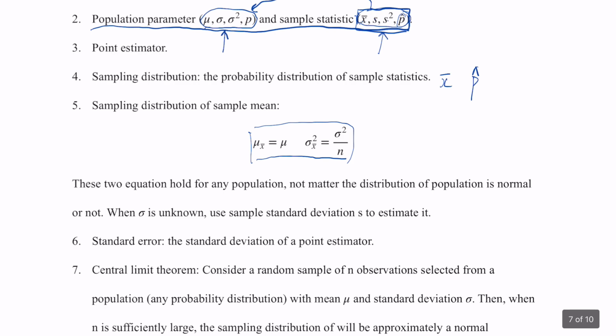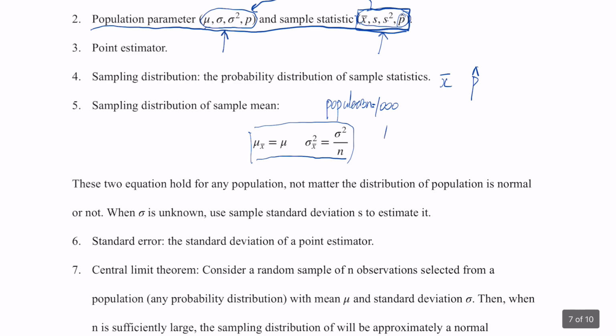If you're wondering how we get the sampling distribution of sample mean, the procedure is that suppose we have 1,000 people. That's our population here. And if we want to get a sampling distribution of our sample mean, the way we do it is that we will draw some random people from the population to form a sample.